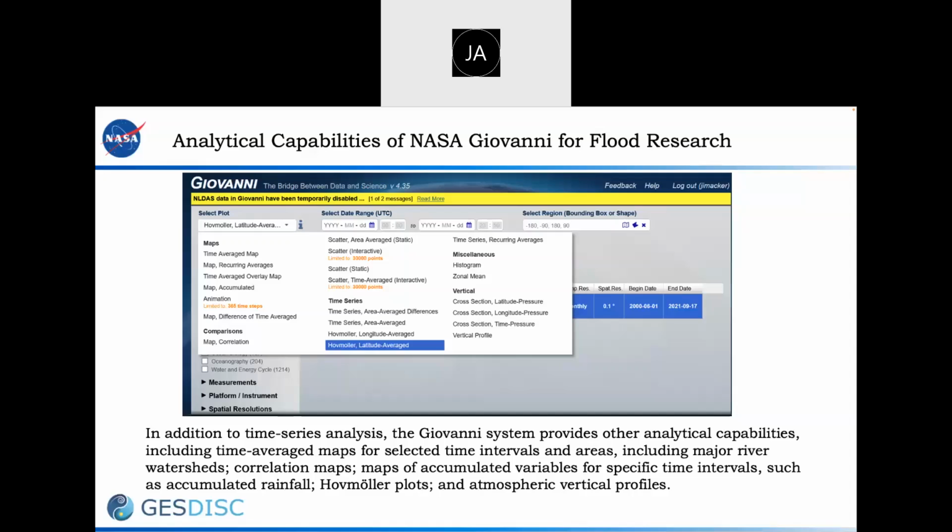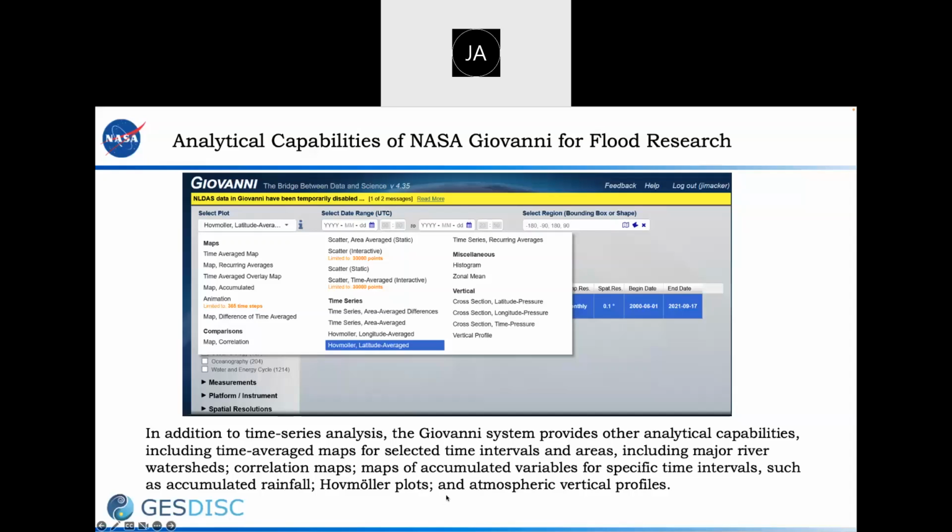Okay, meteorologists make use of Hovmöller plots, and I mentioned AIRS, partly because AIRS provides vertical profiles of the atmosphere. So in addition to looking at spatial extent, you can look at what's happening in the atmosphere, where the water vapor is, and where the temperature might change, events related to weather that causes precipitation and floods.